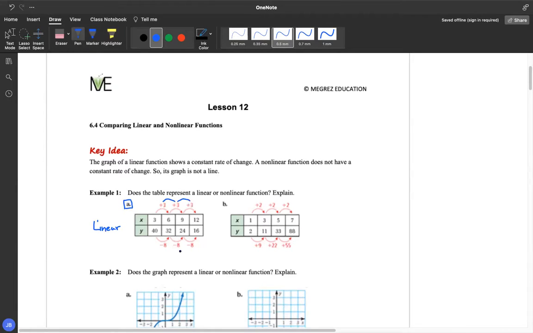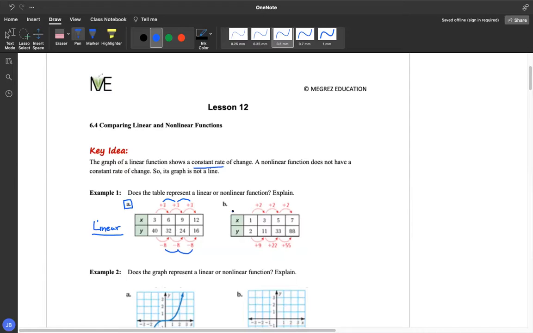And also on the bottom, it's consistent because it's minus 8, minus 8, minus 8, so it's linear. Perfect. So as x goes up 3, y goes down 8, and that happens every time. So this is consistently doing this. That makes this one linear because it has a constant rate of change.